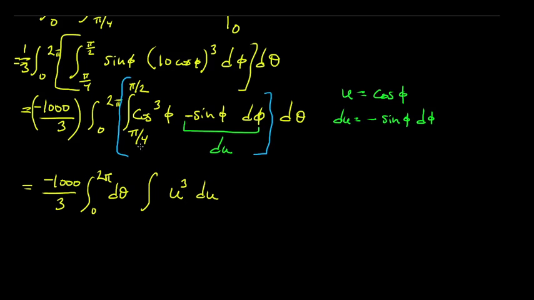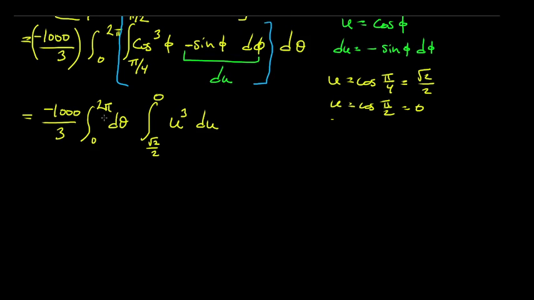Now, u does not go from pi over 4 to pi over 2. It goes from the cosine of pi over 4, which is square root of 2 over 2, to the cosine of pi over 2, which is 0. While that looks backwards and it looks like this will be negative, that's just going to cancel the negative in front. So we'll see how that happens.